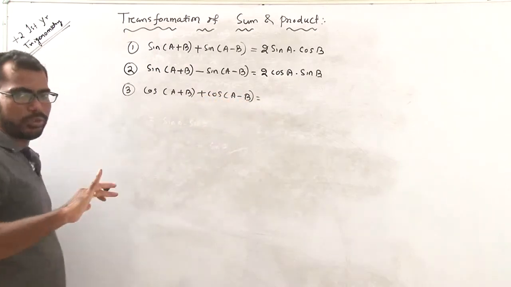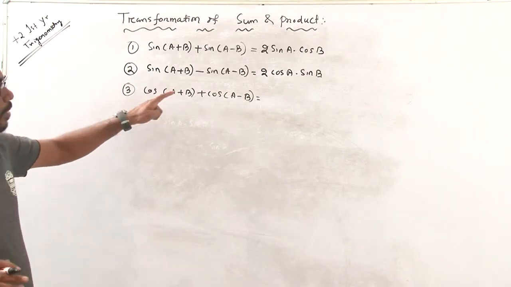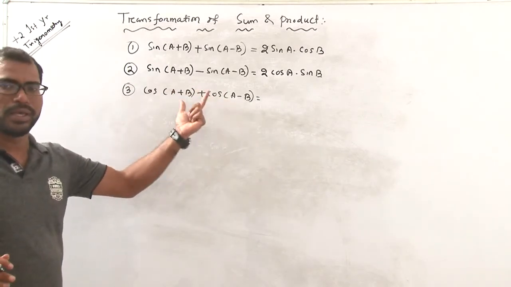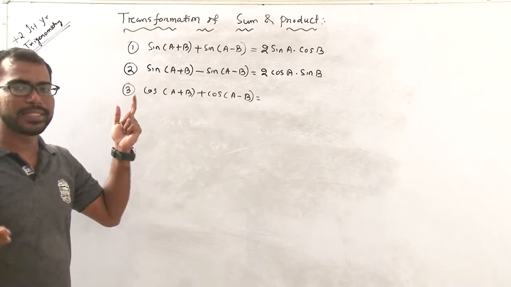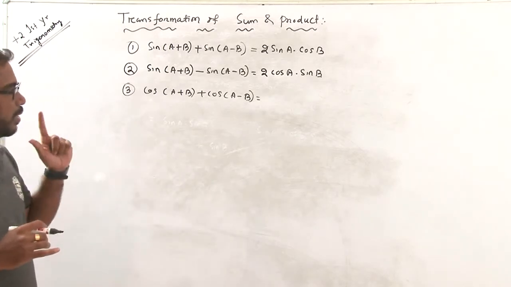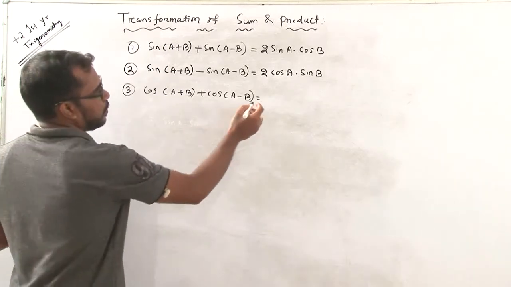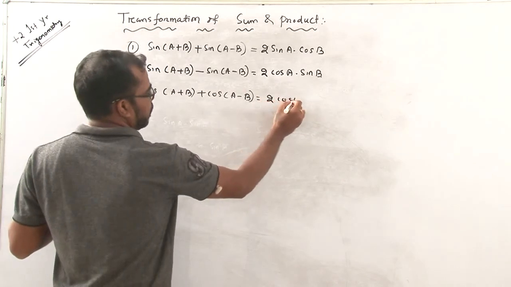Then you apply the formula for cos(A + B) and cos(A − B), and two terms cancel, and we get the result 2 cos A cos B.